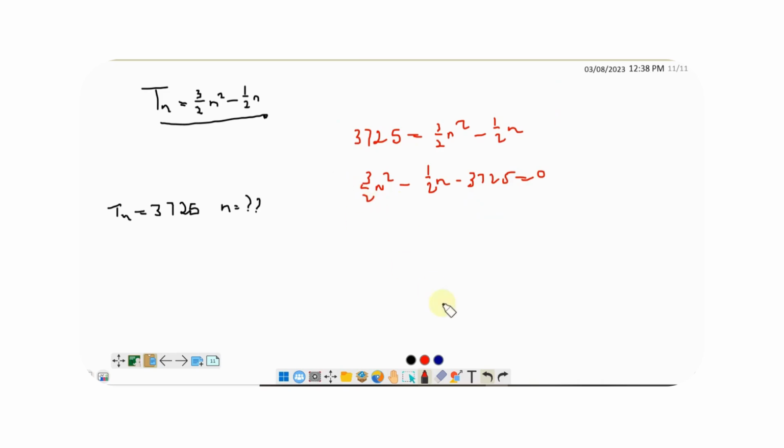And I multiply everything now by 2, because I want to remove the denominator.